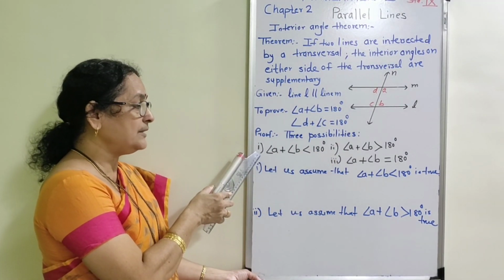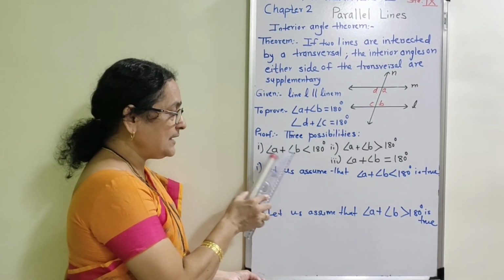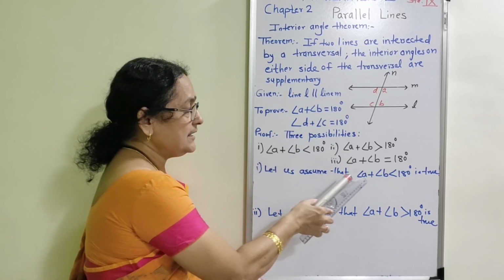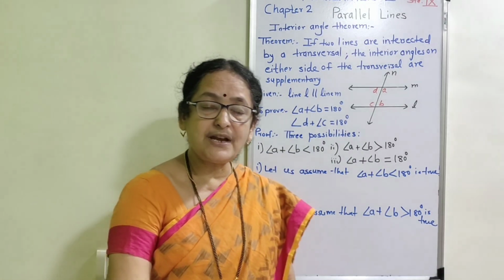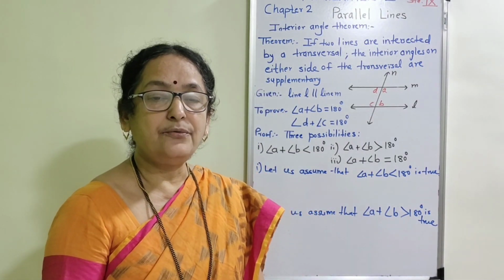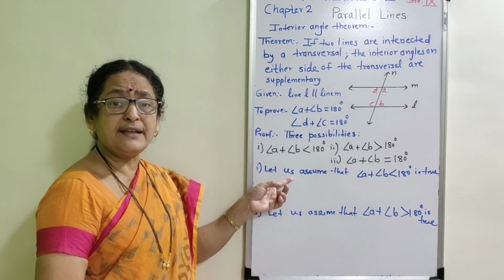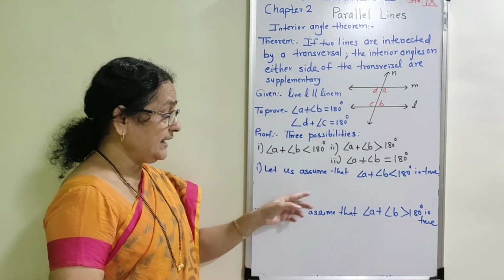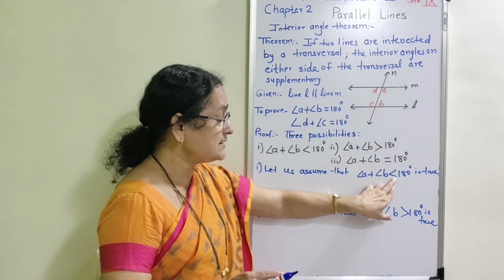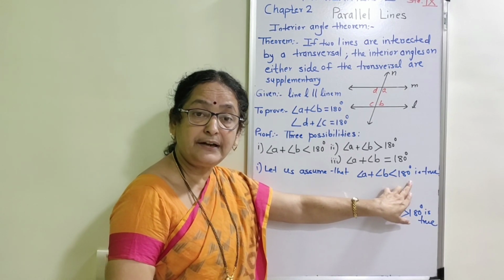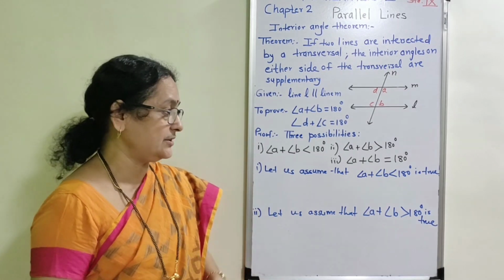Now let us assume that the first possibility is true, that is, angle A plus B is less than 180 degrees. Now, related with Euclid's postulate, we have already learned that when 2 lines are cut by a transversal, and if the interior angles on one side of the transversal have a sum less than 180 degrees, then those 2 lines intersect each other.